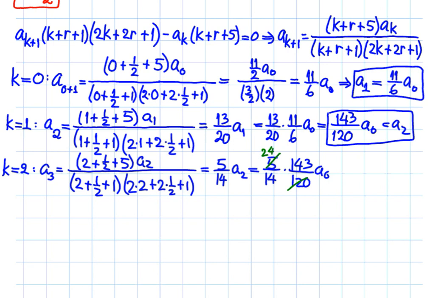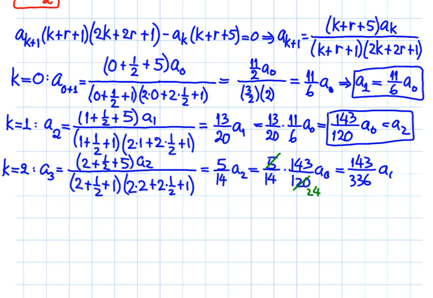The other way, 24 at the bottom, I'm sorry. And when we multiply it out, it will be 143 over 336 a naught.